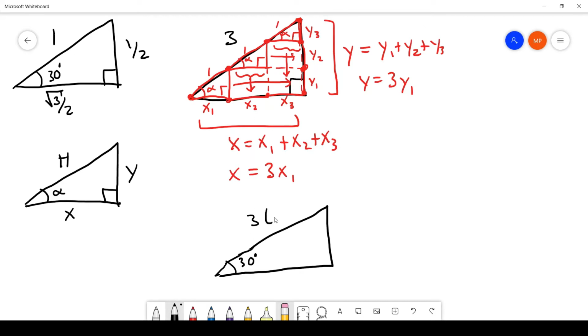This is technically 3 times our hypotenuse length of 1. So that means our y is going to be 3 times our y length for our 30 degree triangle, which is 1/2. And our x would be 3 times the 30 degree length in our x, which is root 3 over 2.